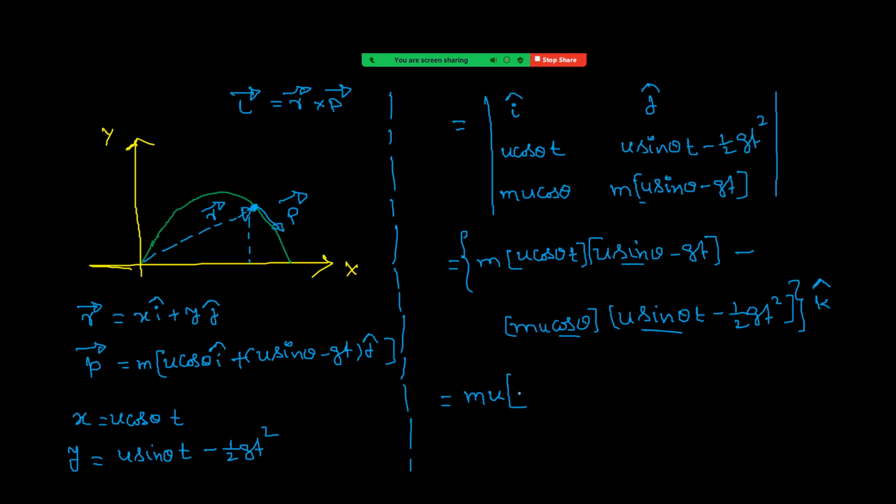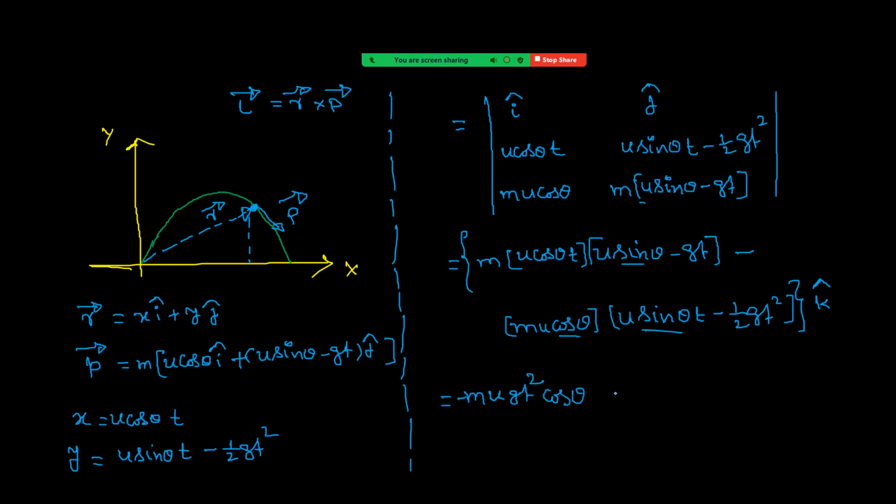Let me take it separately to avoid confusion. First, m u cos theta t, and this minus g, m u g t square cos theta.